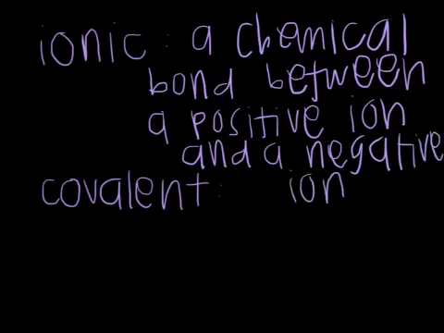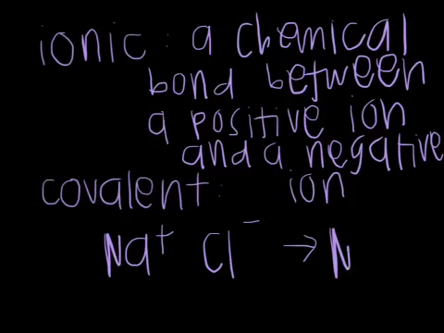For example, we have Na+ and Cl- together. They make NaCl, which is just our common table salt. And an ionic bond occurs between a metal and a nonmetal.